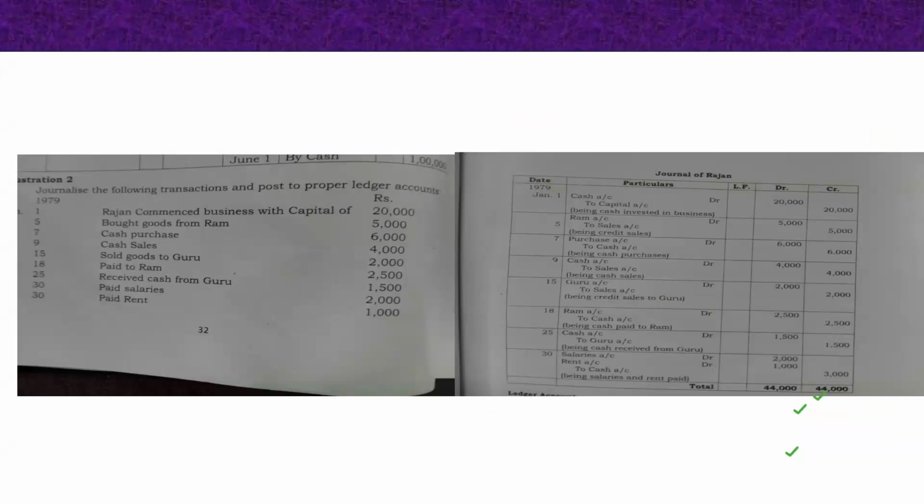First, please cross check the entries in the journal, whether everything is fine. And then I can change the slides. If you have any doubts, you can clear them immediately.